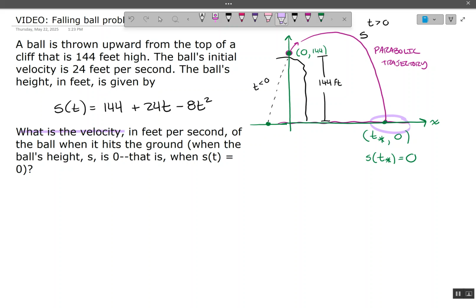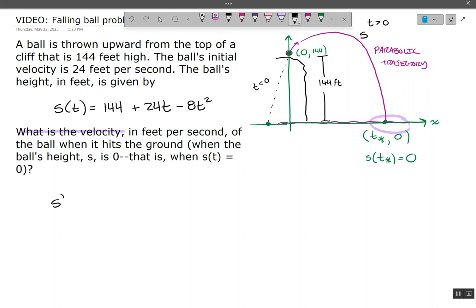That means when the ball's height s is 0, that is when s of t equals 0. Okay, so I'm interested in the velocity. Great. So first, I need to figure out an equation, right? We need to figure out our formula for the velocity.